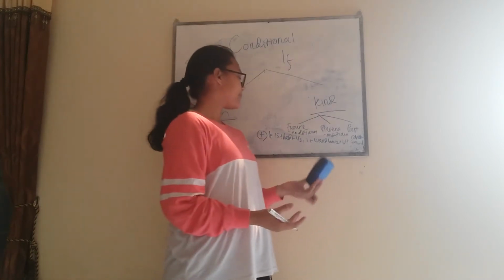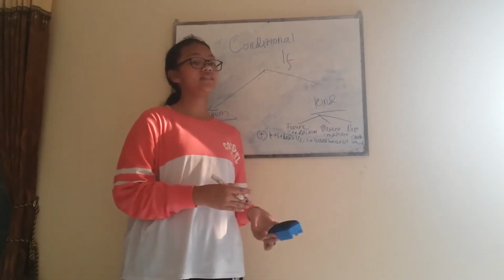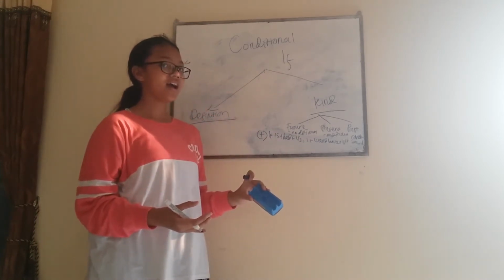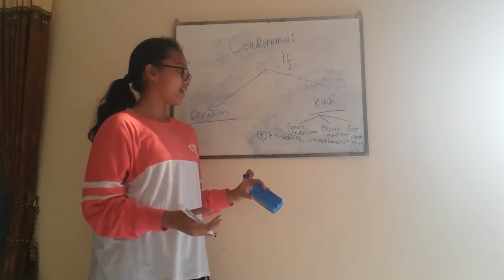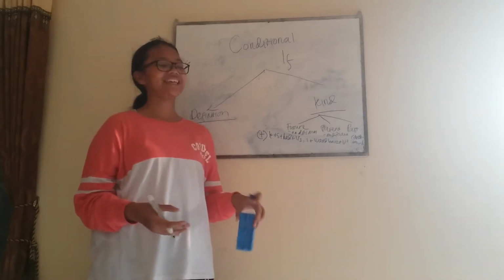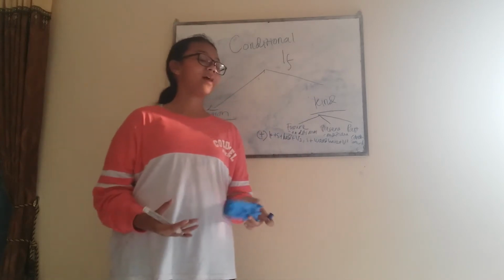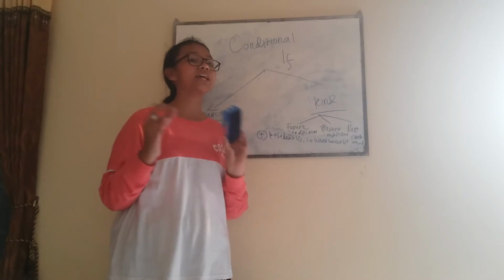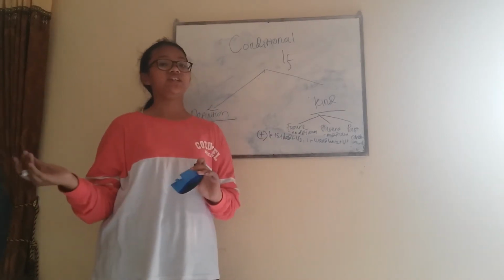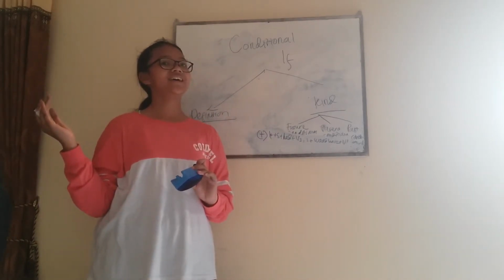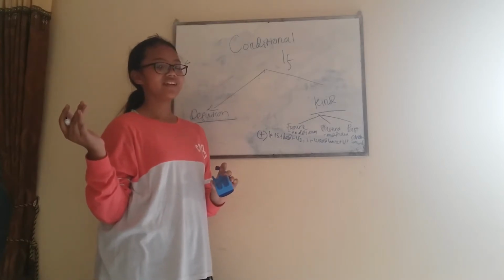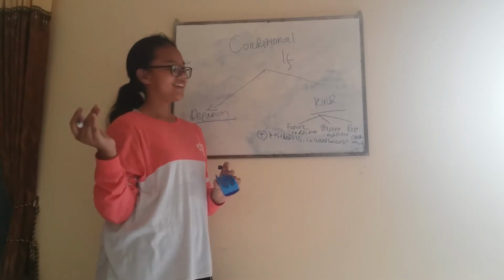For example, if I had gone to Malang, I would have visited my grandma's house yesterday. We don't use a conjunction like so here, because you are still discussing the conditional sentence, not the real sentence.